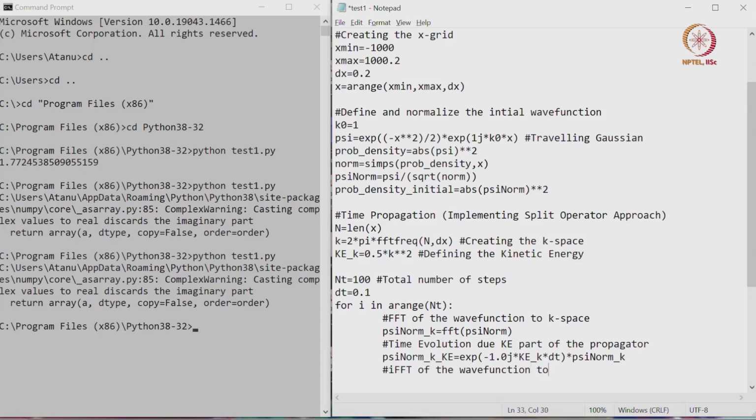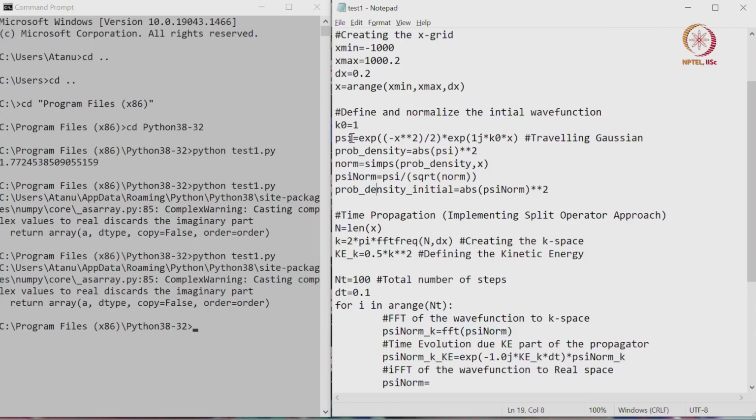And for that, all we need to do is write down psi norm. Again, I am going to update this one. So here I start with this psi norm. The iteration is started with psi norm, which is actually a normalized wave function.